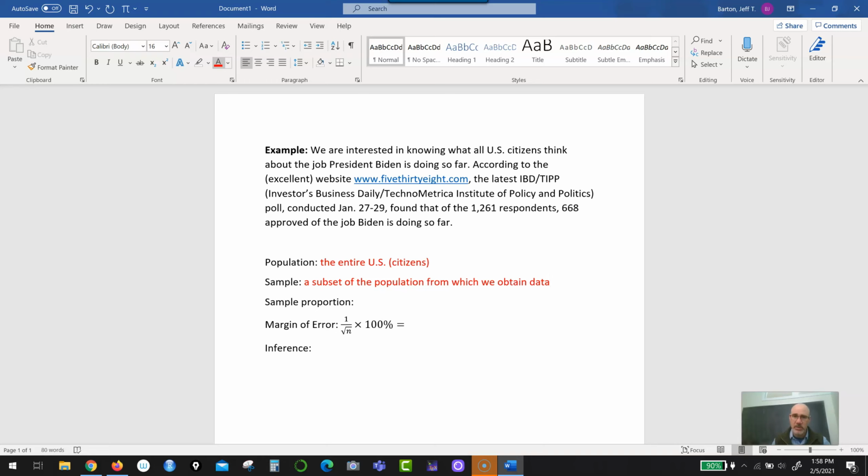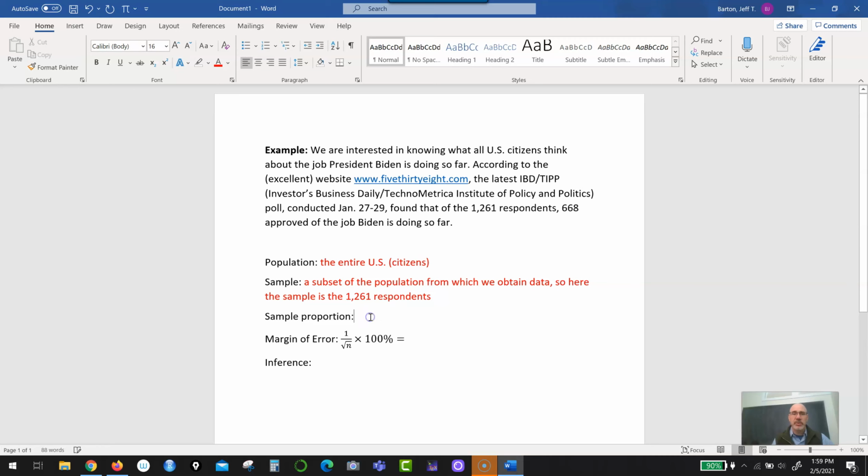Right, we can't ask the whole population of the U.S., so we have to be content with just some subset of them. In this particular case, the sample then will be the 1,261 respondents. So those are the folks that are actually in the poll.